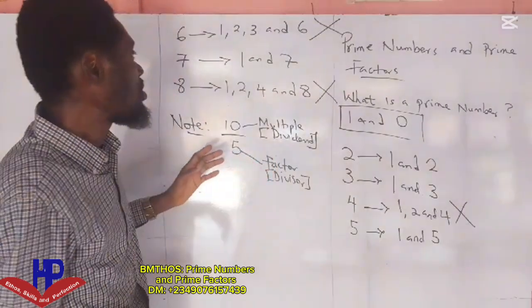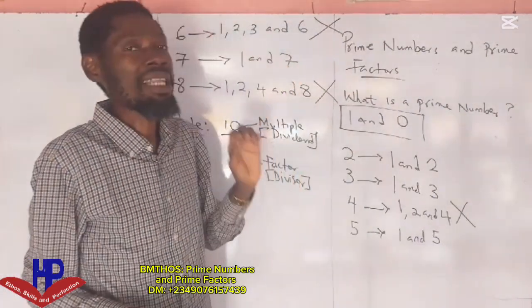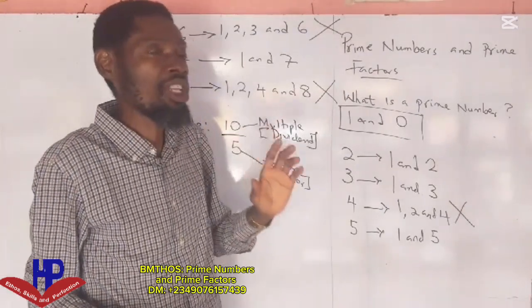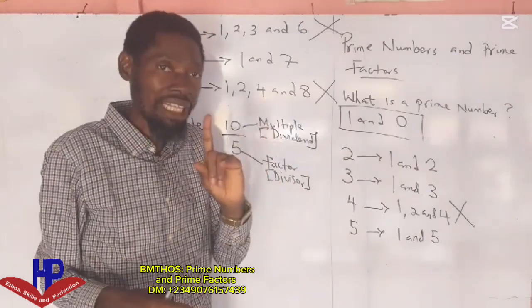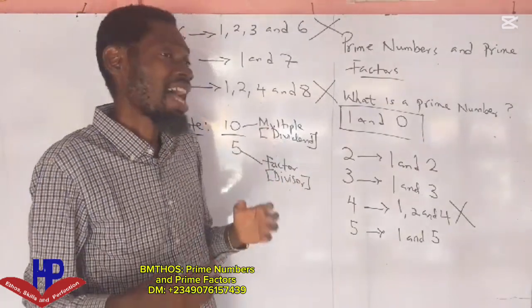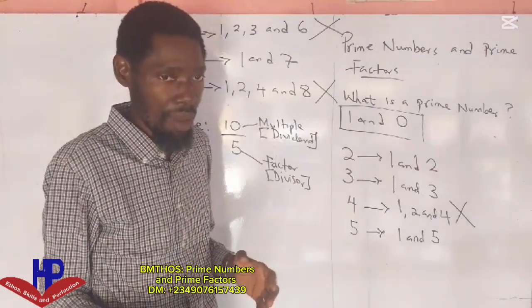So right now, we understand what prime numbers are. I said they have 1 and themselves as the only possible divisors. Any number that has 1 and itself as the only possible divisor is referred to as a prime number.